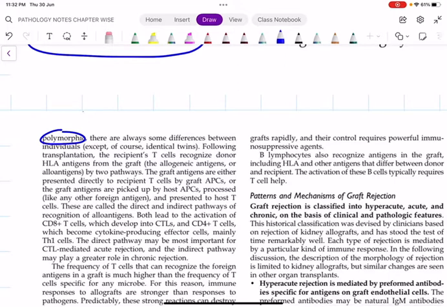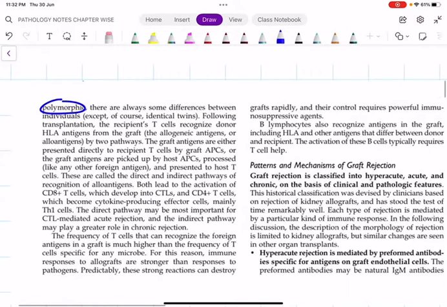But even in identical twins, there will be some very small differences. So, following transplantation, for example, I am getting a kidney from another person. Fine. So, my T cell will recognize the donor's antigen from the graft by two pathways.